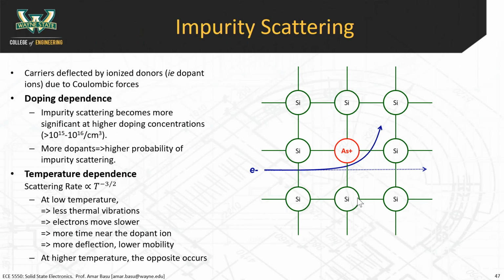But I would say just think about this in the particle mindset. Obviously, the more impurities you have, the more significant the impurity scattering becomes. So if you increase the doping concentration, what's going to happen to the mobility of the material? Mobility will decrease at high doping densities. Correct.